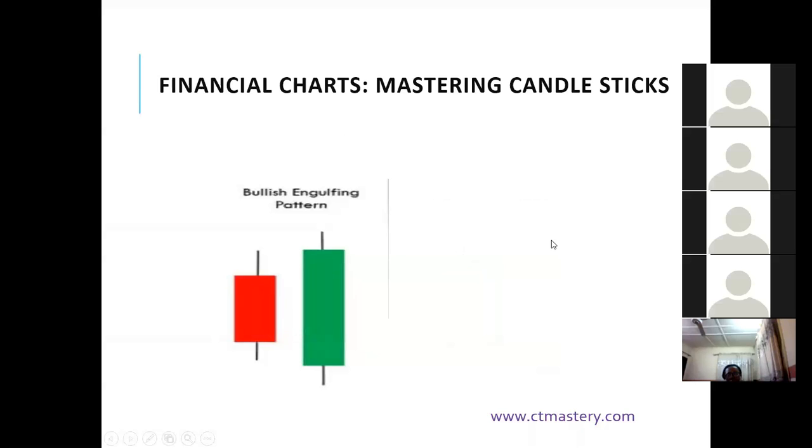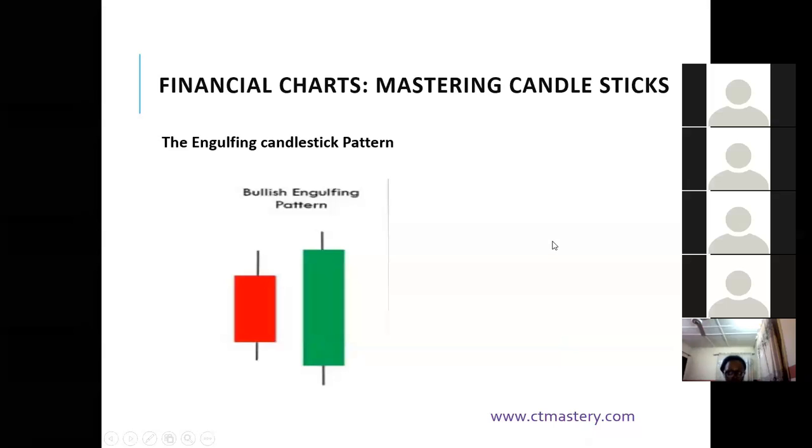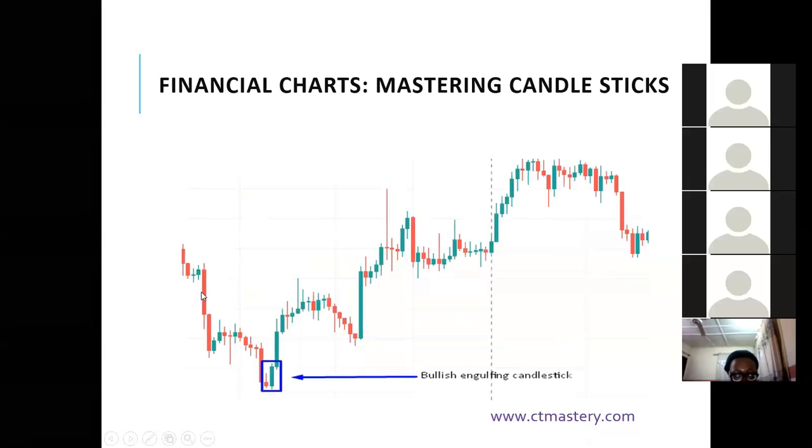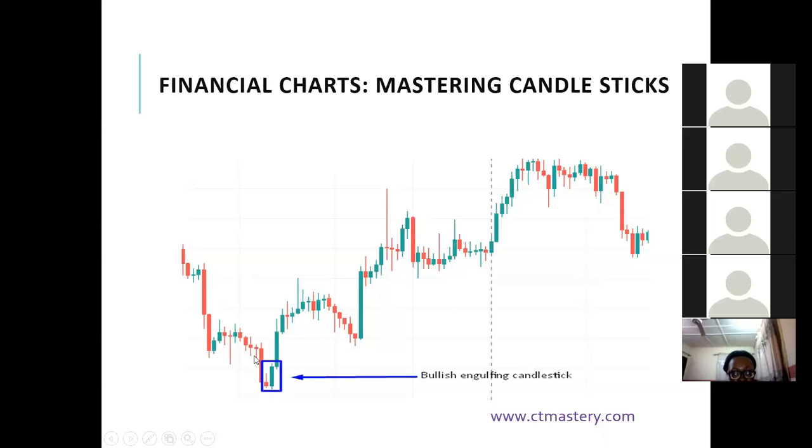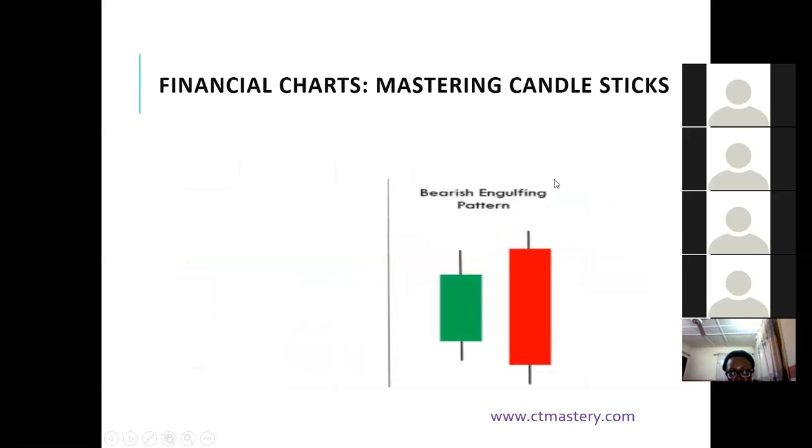So for the bullish engulfing, we looked at an example of a chart that is in a downtrend, then this bullish engulfing occurs here, and what happens is that this market changes direction to the uptrend. Also, for the bearish engulfing, it's called bearish engulfing because we expect the price to fall when we see it, especially if it occurs at the top of an uptrend.